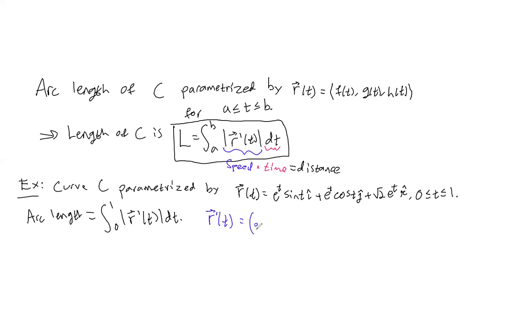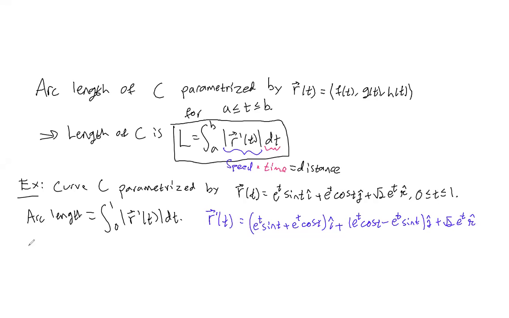Well, that's going to be e to the t sine t plus e to the t cosine t, that's product rule, i, plus, same story, e to the t cosine t minus e to the t sine t, again product rule, j, plus root 2 e to the t k.